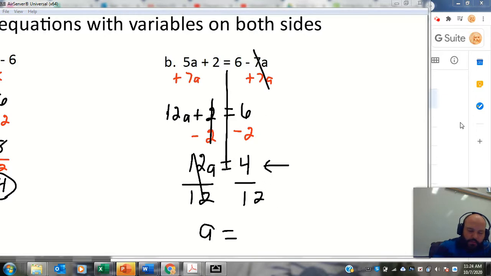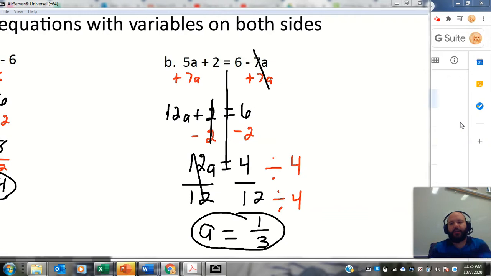So those two numbers need to be reduced. 4/12. Both of those numbers are divisible by 4. And so when I divide both of those numbers by 4, I end up getting 1/3. And there is our final answer for the second one, 1/3.